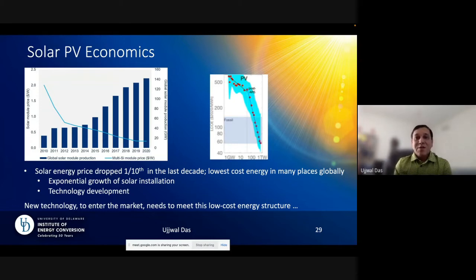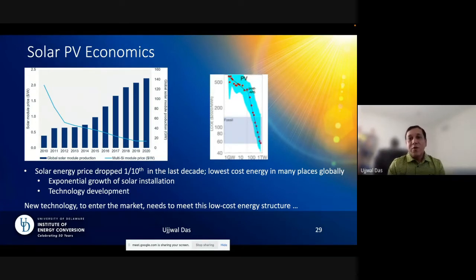But this economics brings up another challenging concept. Any new technology that's being developed in research and development at this stage, to enter the PV market, needs to meet this low cost energy structure, which is a very challenging task for a new technology.